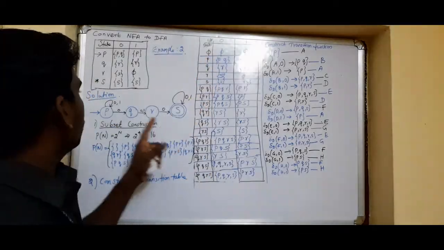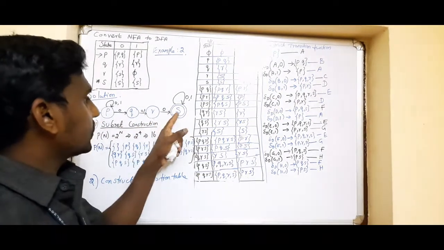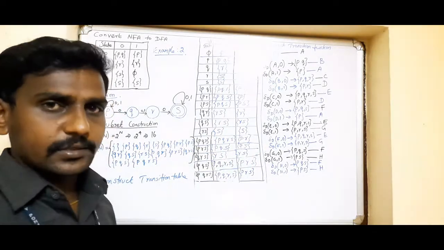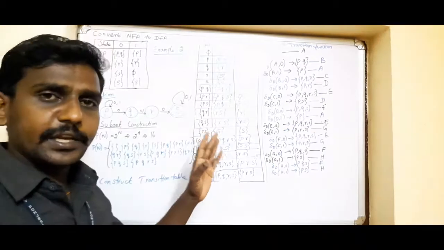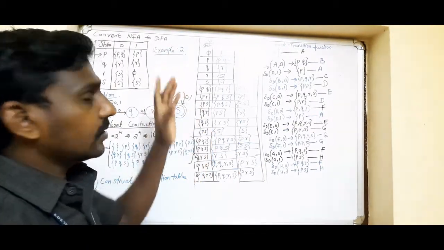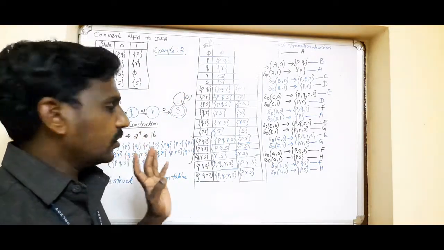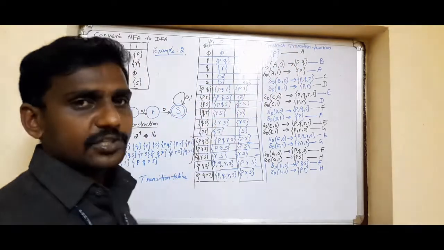P comma 0 is PQ, Q comma 0 is R, R comma 0 is S, S comma 0 is S. Similarly we form the transition table like this. If you have any doubts, check the previous video class, example 1, and you may understand. Then the third step is construction of the transition function.